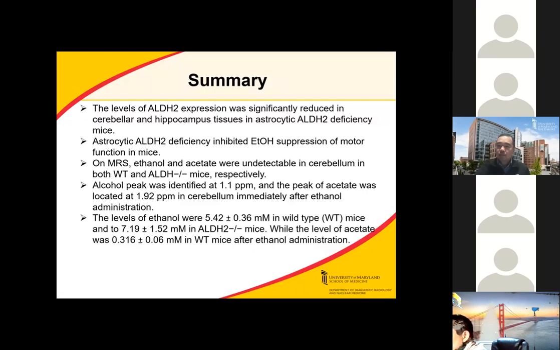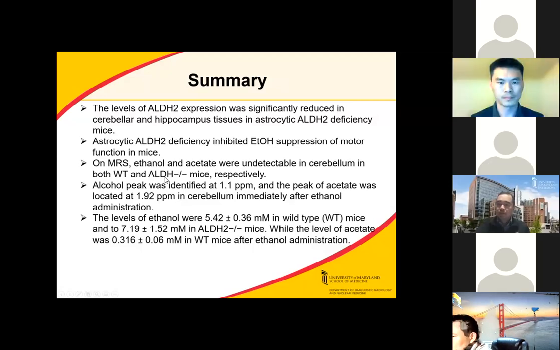We also found that alcohol-induced motor function change is mainly mediated by ALDH2 in astrocytes in the cerebellum. And we found that MRS is a useful tool to quantify the alcohol and acetate level in the cerebellum in this model. Here we just measured the location of the alcohol and the GABA in MRS and the level change.